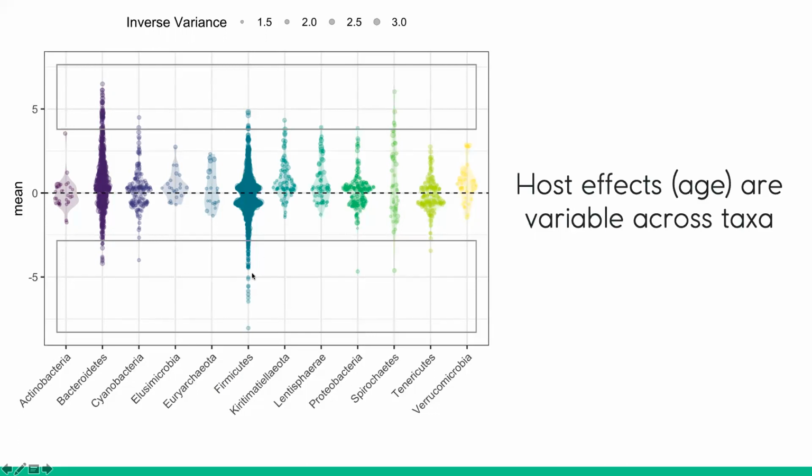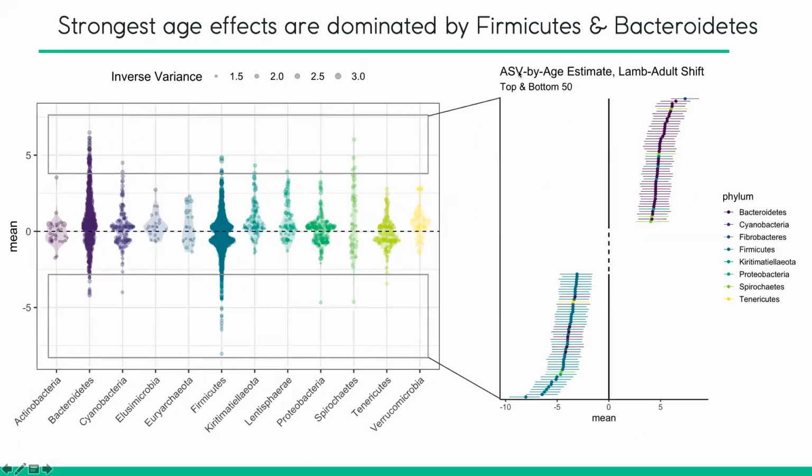The Firmicutes, on the other hand, we see the tail in the negative region, indicating that that's more dominant in the lambs. And we can pull out these top 50 and bottom 50 effects, and that backs up essentially what we can see anecdotally by eye, that the age effects are really being dominated here by these two classes, the Firmicutes and the Bacteroidetes.